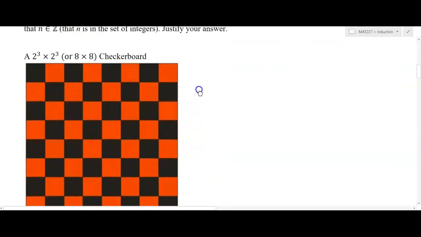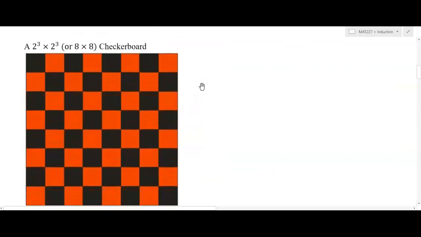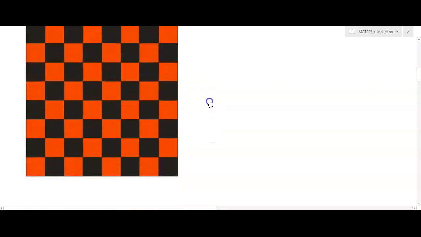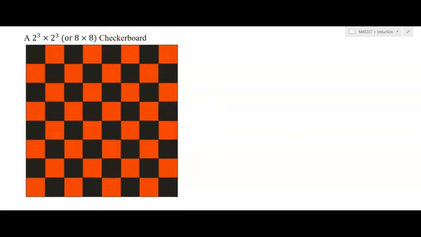So here is a 2 to the third by 2 to the third checkerboard, and you can see that this gets conceivably more difficult because it's larger. But let's go ahead and again think about dividing this 8 by 8 into 4 4x4s.